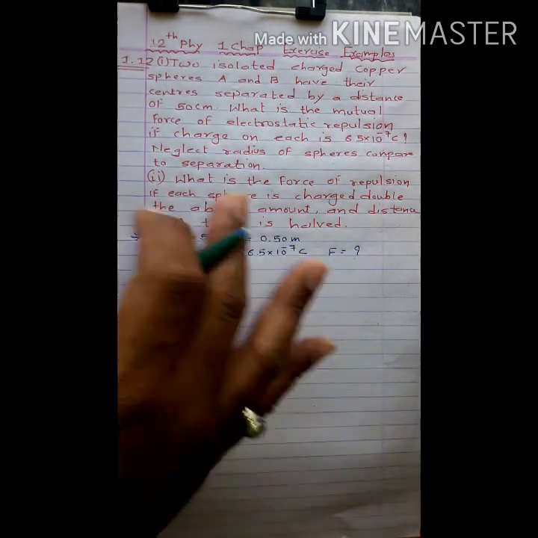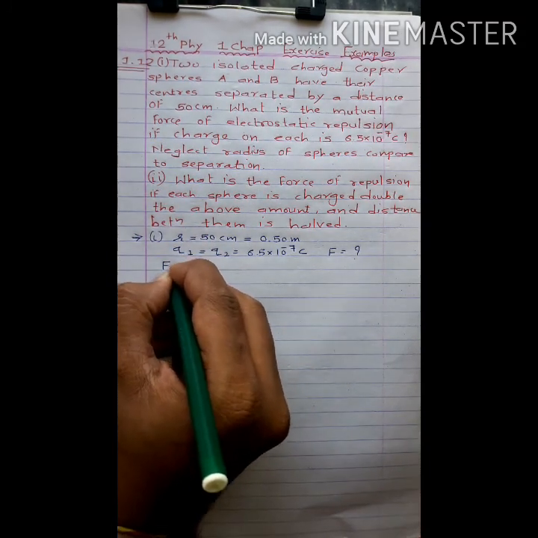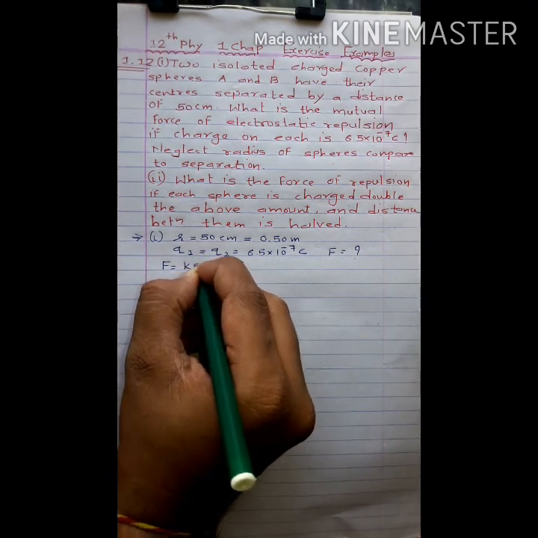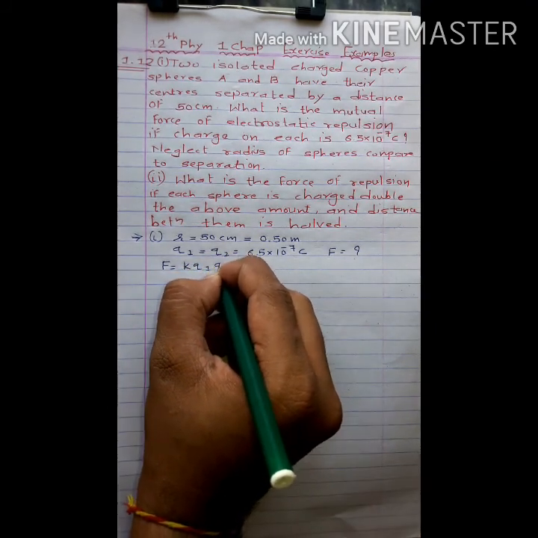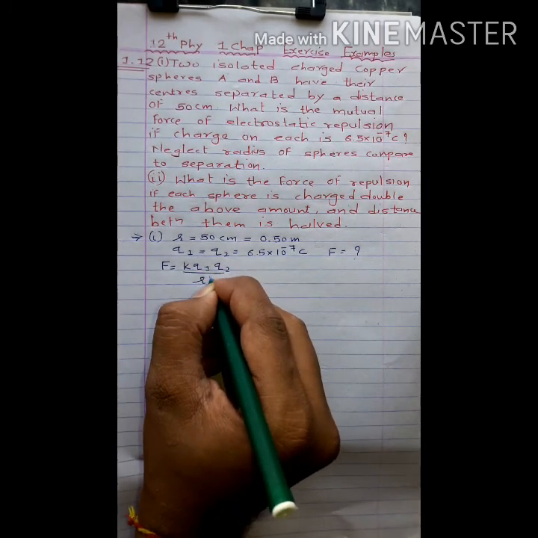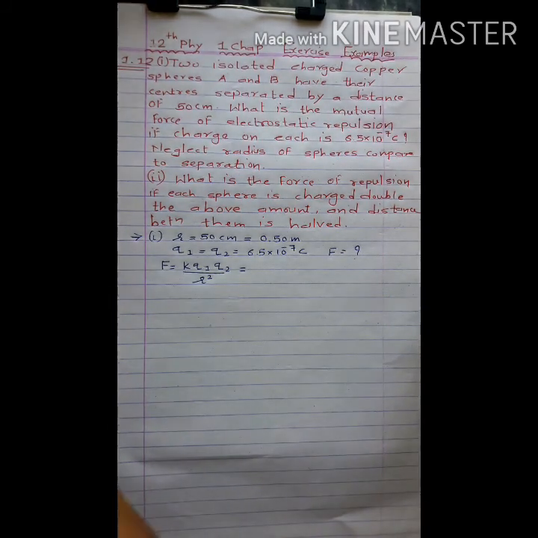Here we will use our standard equation of Coulomb's law. F is equal to K q1 into q2 divided by r square. Now substitute all given quantities.